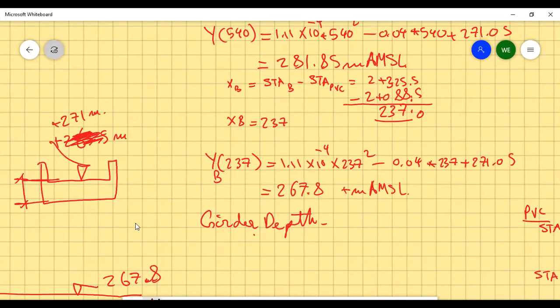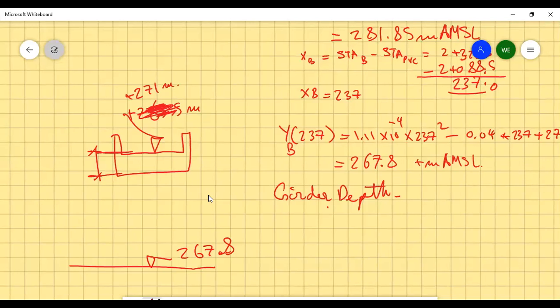So in this case, what we have is 4.5 clearance height. So we want to find D. As we can see, the girder depth will be GD equals the elevation of the bridge deck, which is 271, minus 4.5 minus 267.8.